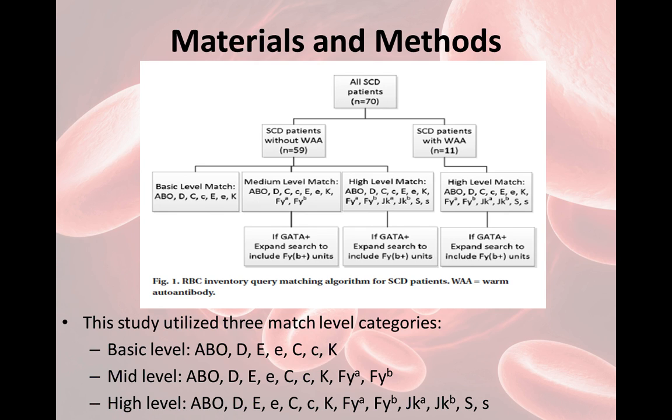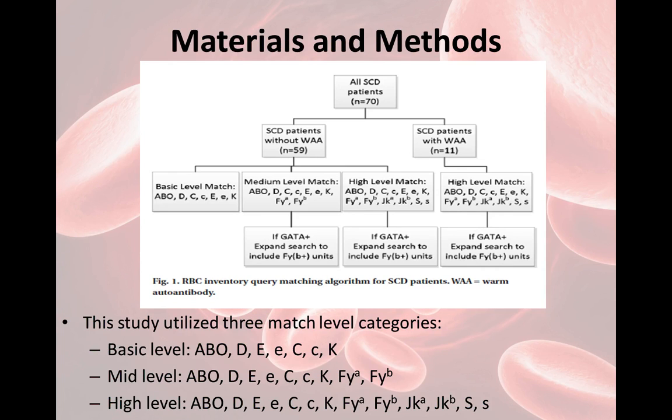The basic level included ABO, D, big E, big C, little c, and Kel matching. The mid-level included ABO, D, big E, big C, little c, K, Duffy A, and Duffy B matching, and high-level antigen matching included ABO, D, big E, big C, little c, Kel, Duffy A, Duffy B, Kid A, Kid B, big S, and little s.